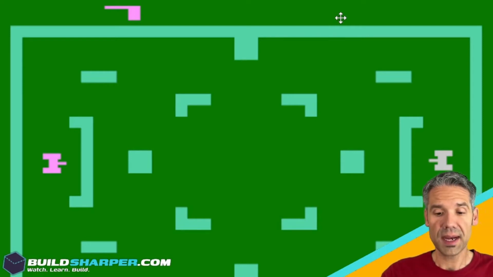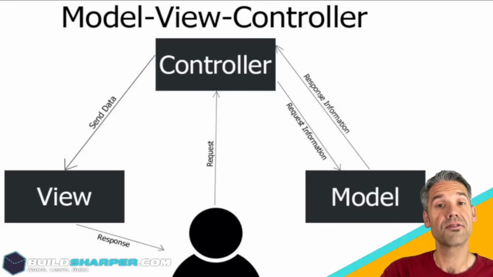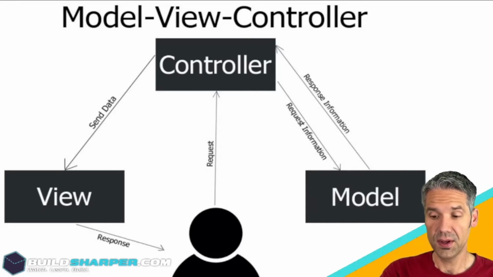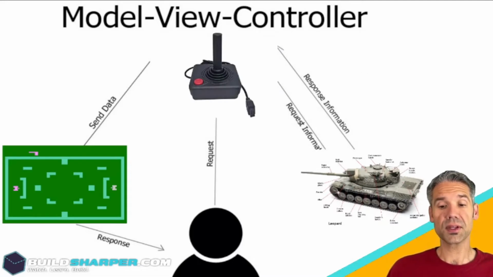So let's go back to our diagram here where we have model view controller. And for our Atari tank game example, we'll think of it like this. The user is literally using a controller to make the request. So they're using the joystick to point which direction they want the tank to move. That input is then sent over to the model. Let's say they want to swivel the tank's cannon, right? Or press the button and they want to fire.